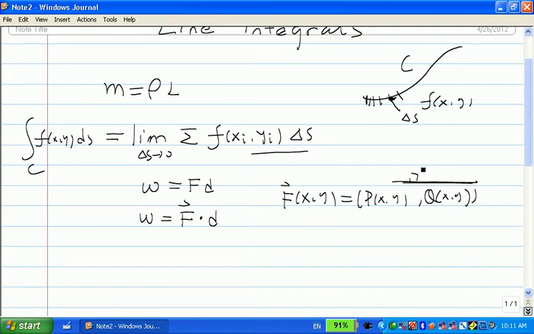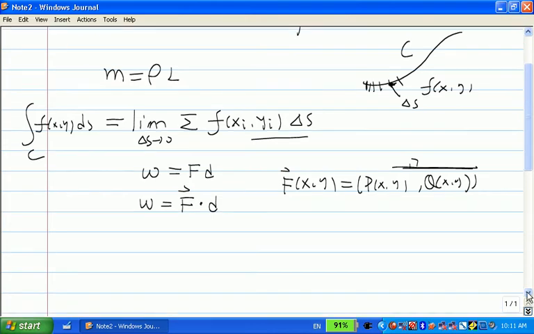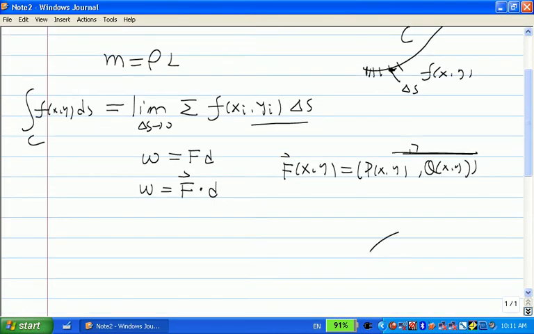Think about moving something from here to here. The work is done along that curve. The displacement D can locally be written as dx, dy.